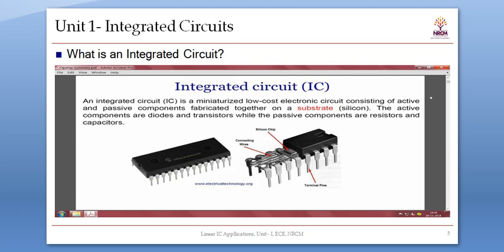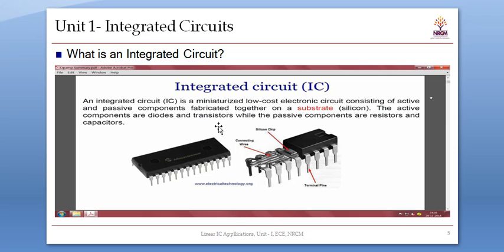The active components are diodes and transistors while the passive components are resistors and capacitors. Here the silicon wafer is taken and treated as a substrate, and on that substrate all the active and passive components are fabricated on a single chip of silicon. That is your integrated circuit, and it is a miniaturized low cost electronic circuit.